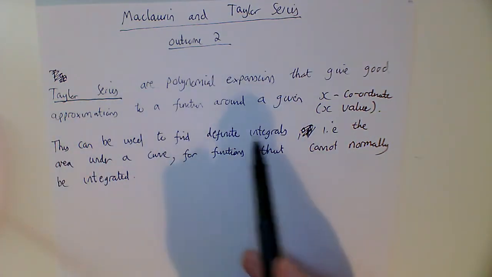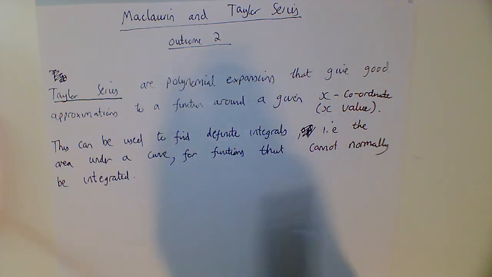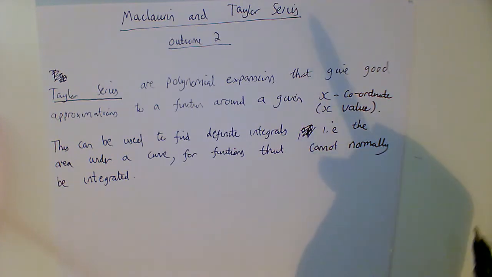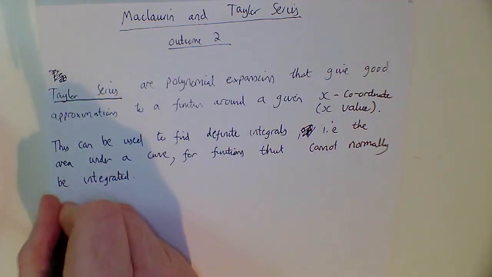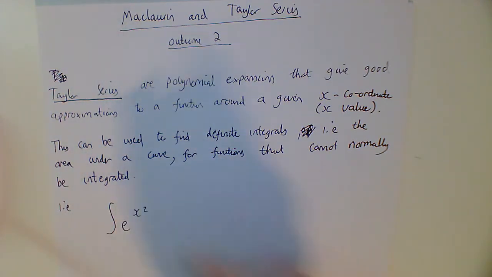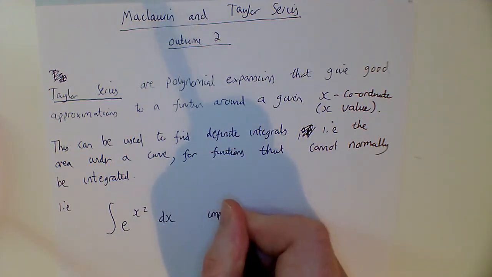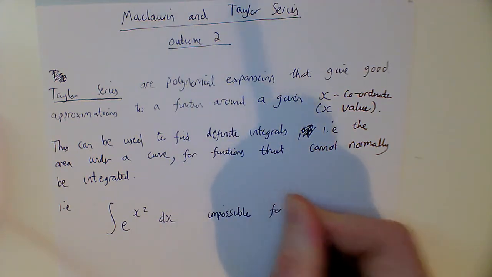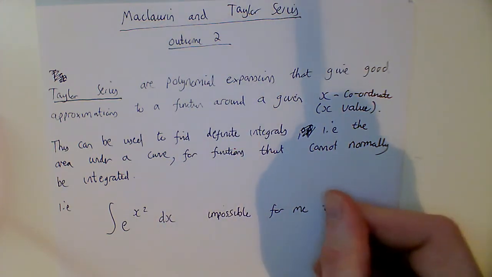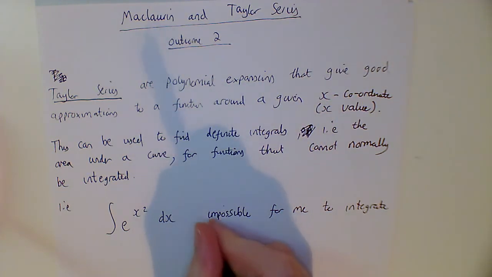So this can be used to find definite integrals, i.e. the area under a curve for functions that cannot normally be integrated directly. I.e. if I've got the function e to the power of x squared dx, this is impossible for me to integrate directly.